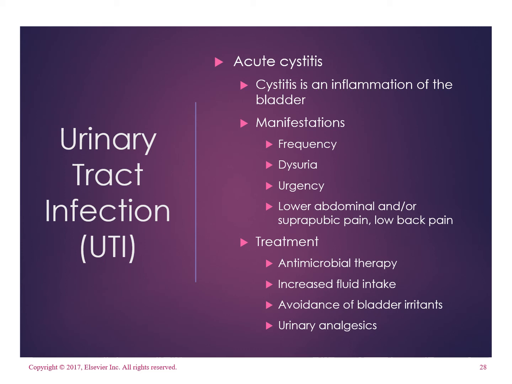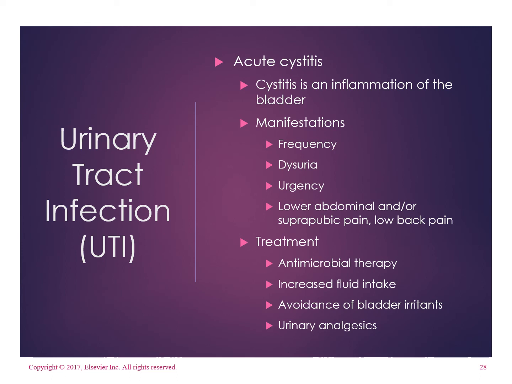Its manifestations are frequency, dysuria, urgency, lower abdominal and/or suprapubic pain, and low back pain. Treatment is based on the culture and sensitivity. We will do a dip for leukocyte esterase and nitrate reductase, which can be used for a diagnosis of uncomplicated UTI.